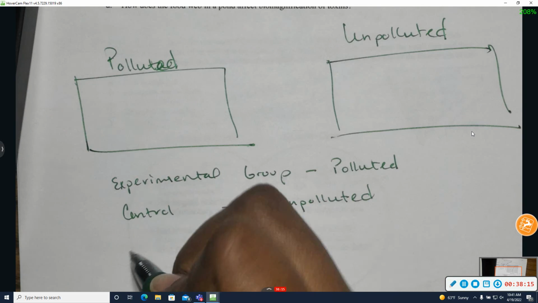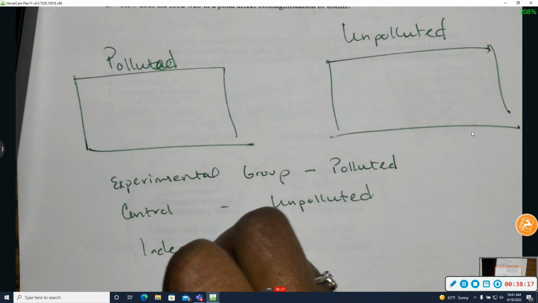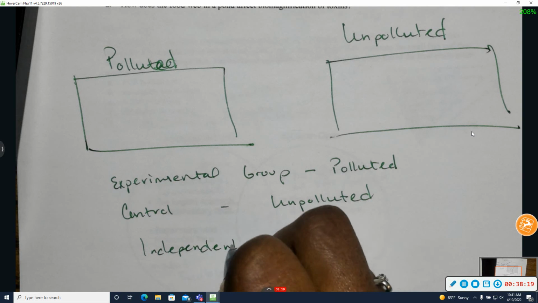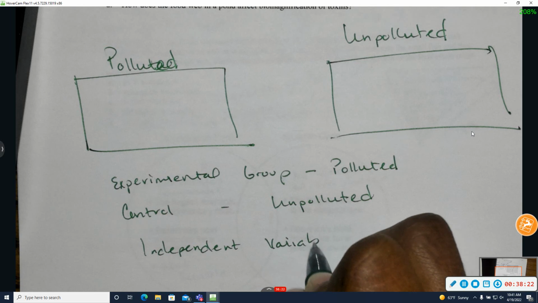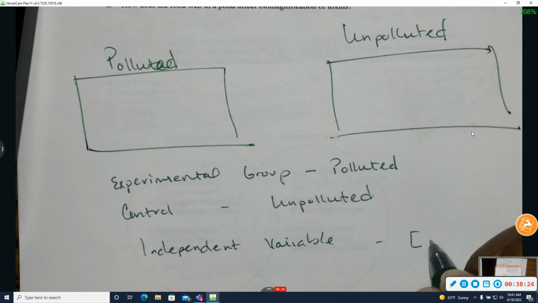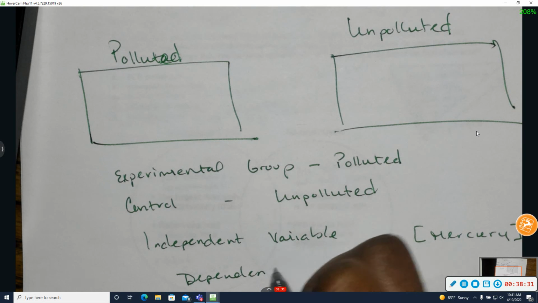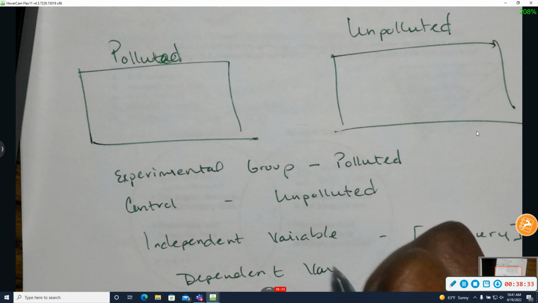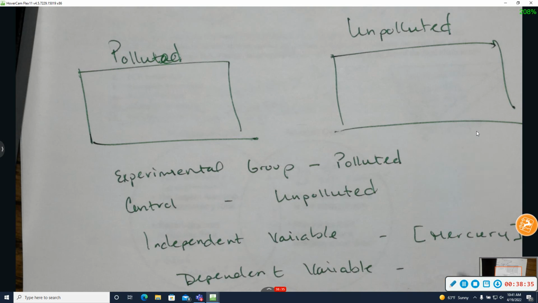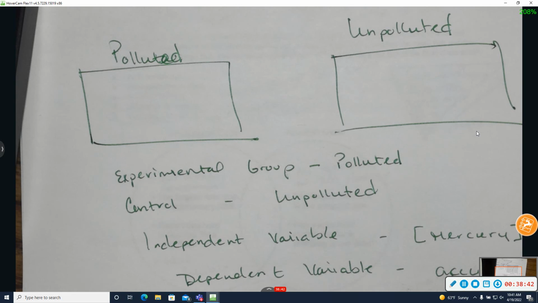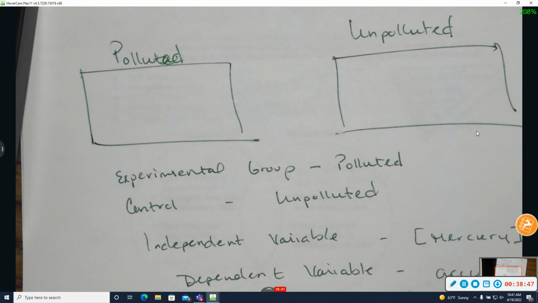Which of the following best identifies a scientific question? Okay, so don't forget to make sure you can identify independent variables. That's going to be the amount of mercury. And then the dependent variable, that's going to be whatever is measured in the end, which in this situation is the accumulation of that mercury in the tissues of the organisms.